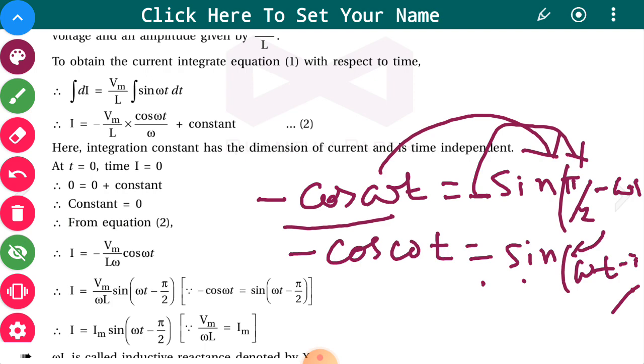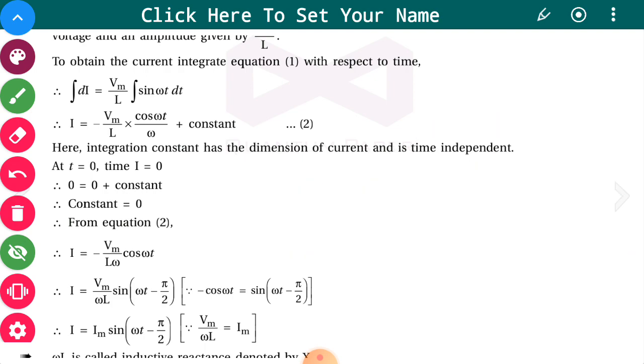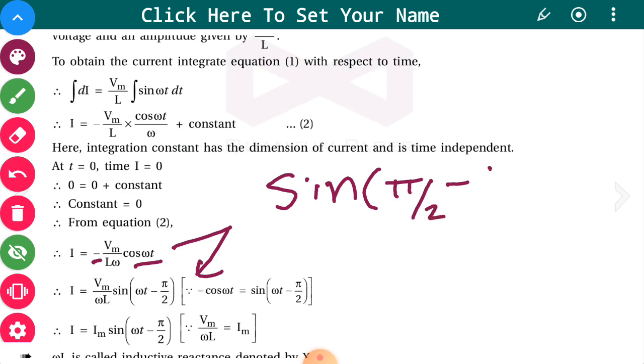So it is converted into that sine function. This minus cos omega t is converted into sine of omega t minus pi by 2, because cos omega t is nothing but sine of pi by 2 minus omega t, and if you have minus cos omega t, then this becomes minus sine of pi by 2 minus omega t.